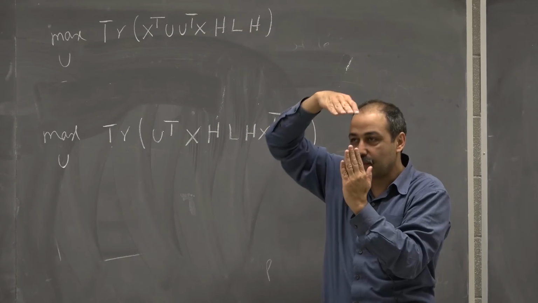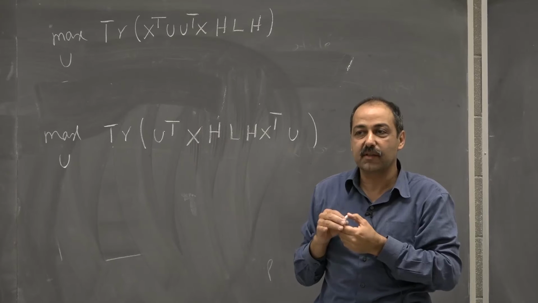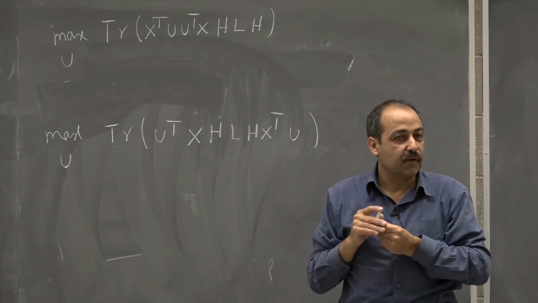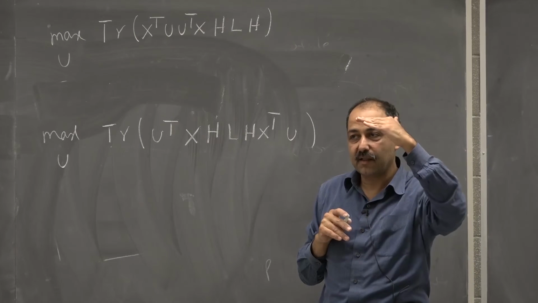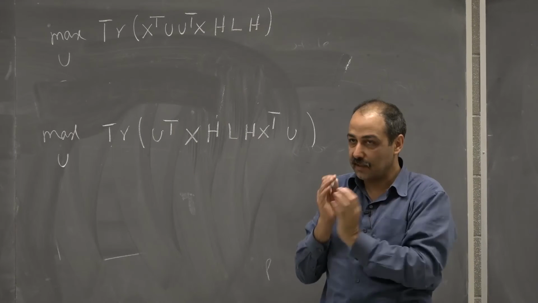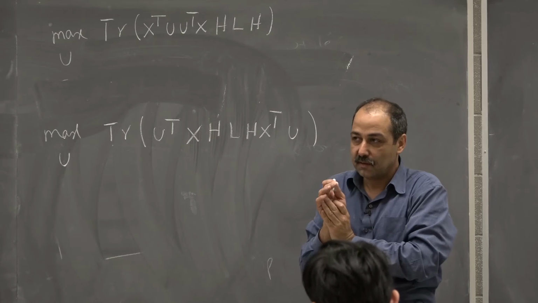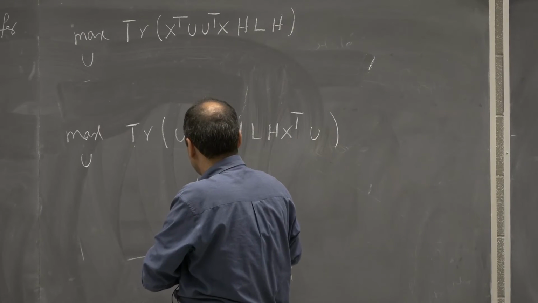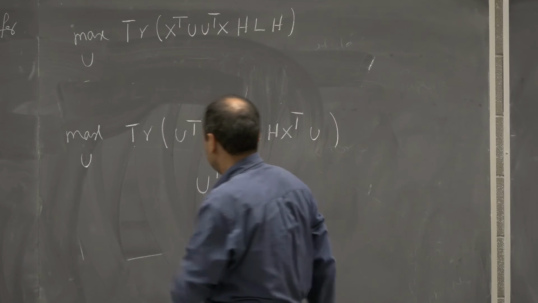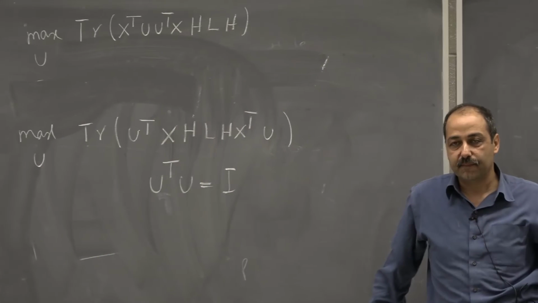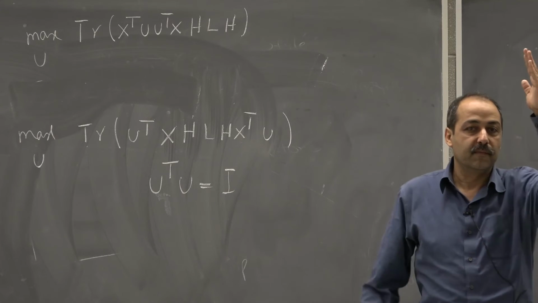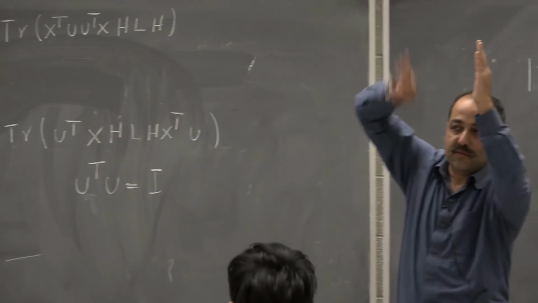You have to restrict it the same way that we did for PCA. In PCA, if you remember, we had a restriction that U transpose U, the length, should be 1. We put a similar restriction here. This is a matrix, so we put U transpose U is I. U has different vectors in it.